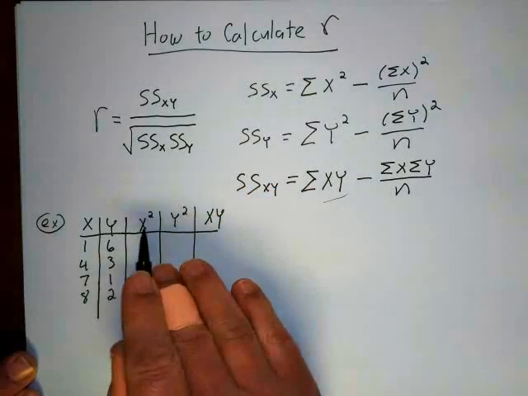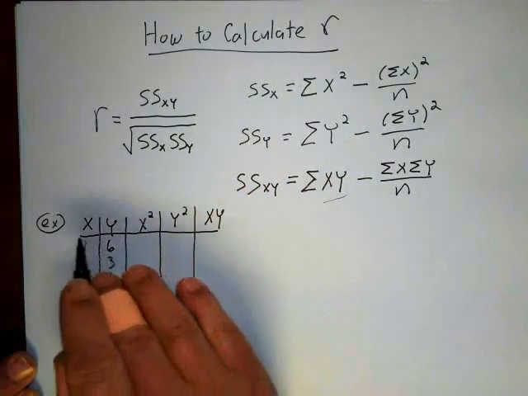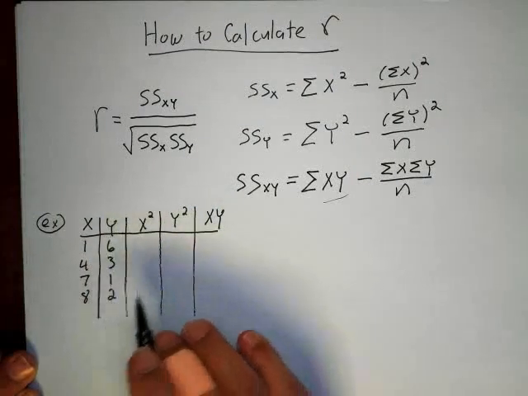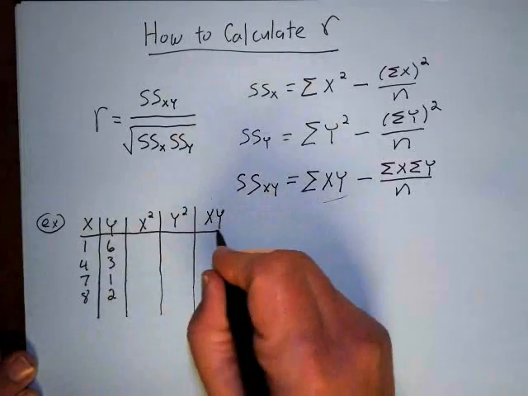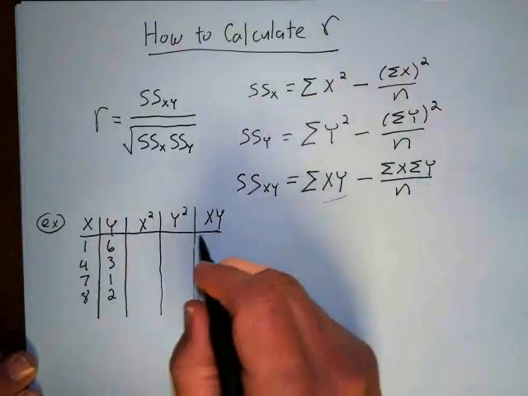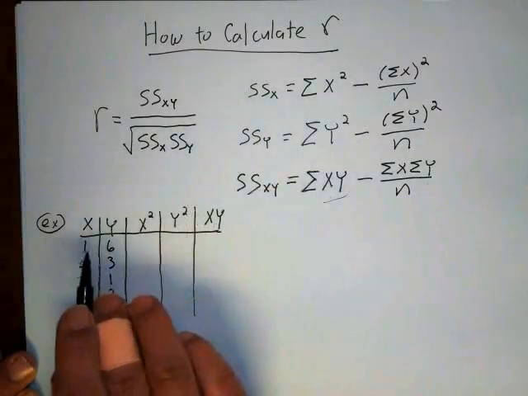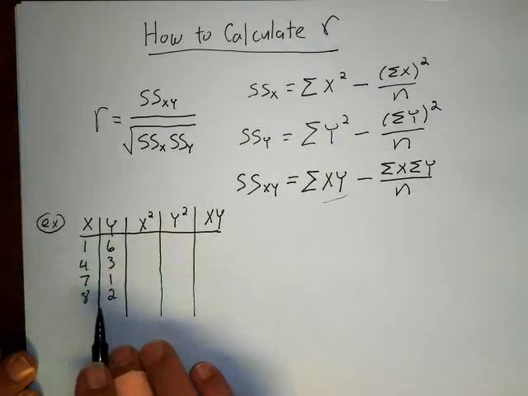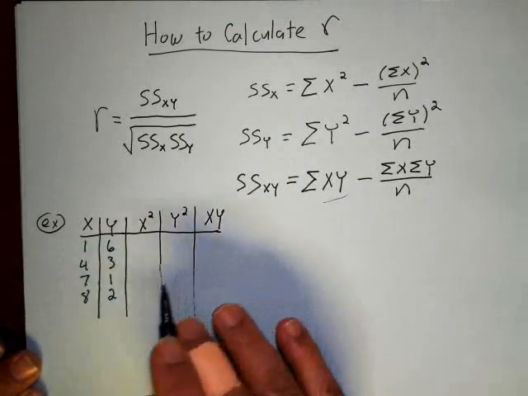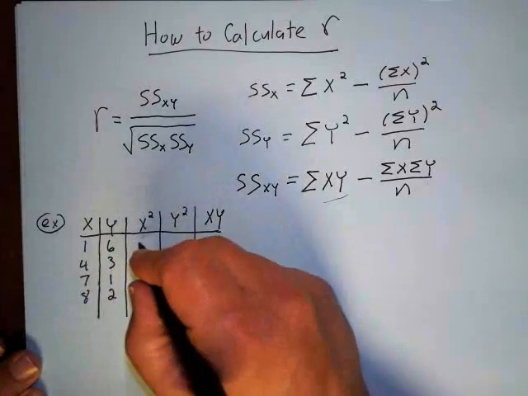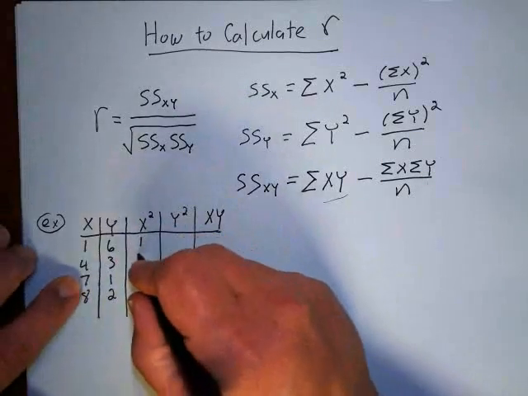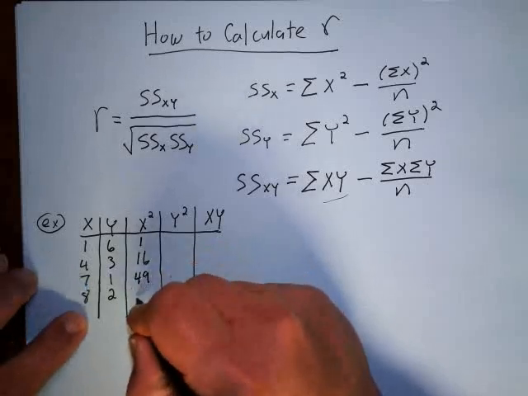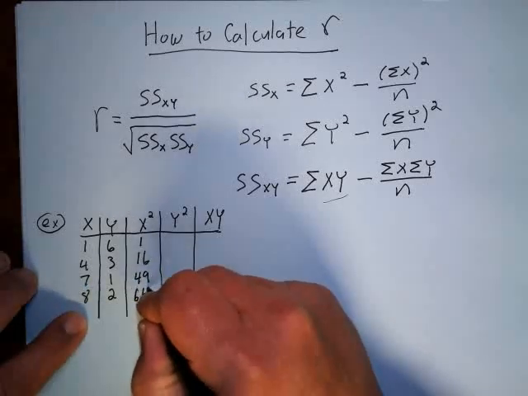One would be x squared, which are the squares of the x values. This column would be the squares of the y values. And then the xy column is for the sum of x times y. This is the x coordinate times the y coordinate for each of those. So for the x squared, I'm squaring each one of these, so I'd get 1, 16, 49, and 64.